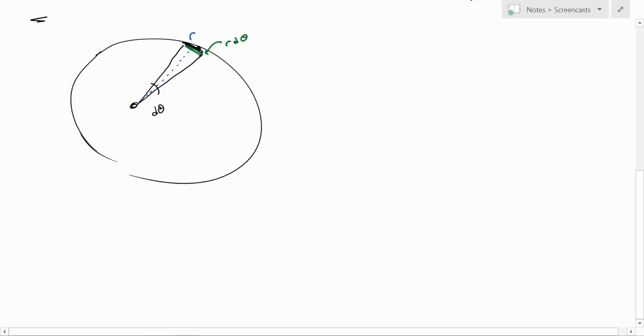If we take that to be the case, then the area of this little chunk is 1/2 r, which is our height, times r d theta, which is our base. So this is our little area.